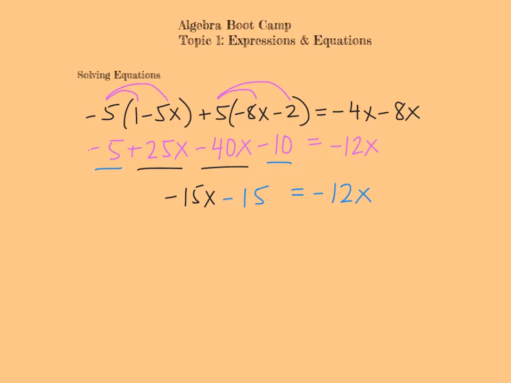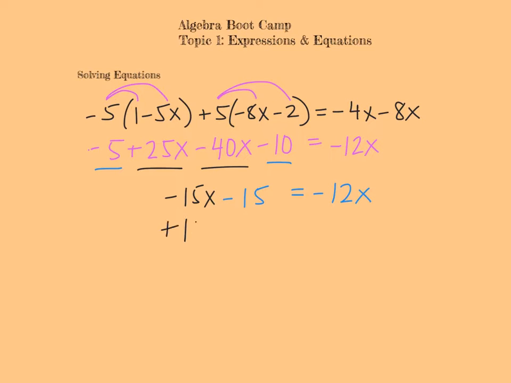All right, now from here we can just solve, and we want to get all of our x's on one side. However, on this side we see we only have one term, and so if we tried to get rid of this negative 12x by adding 12x, you're going to end up with a 0 on one side, and I've seen that cause a lot of confusion with students. So your best bet in order to keep a term on either side of your equal sign always is to get rid of this over here, negative 15x, by adding it to the right-hand side.